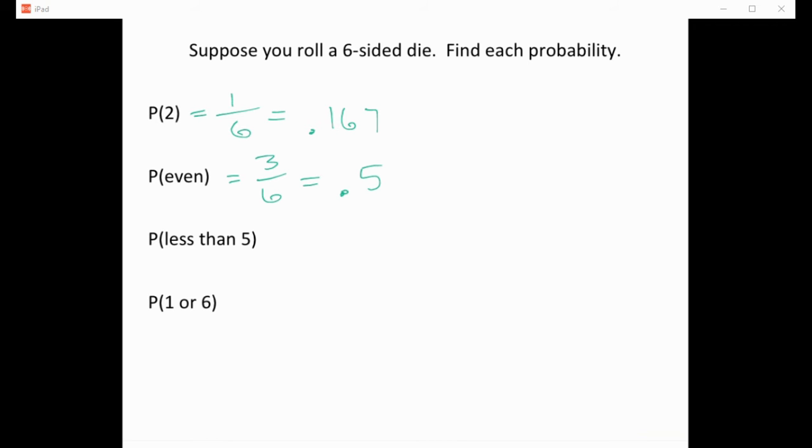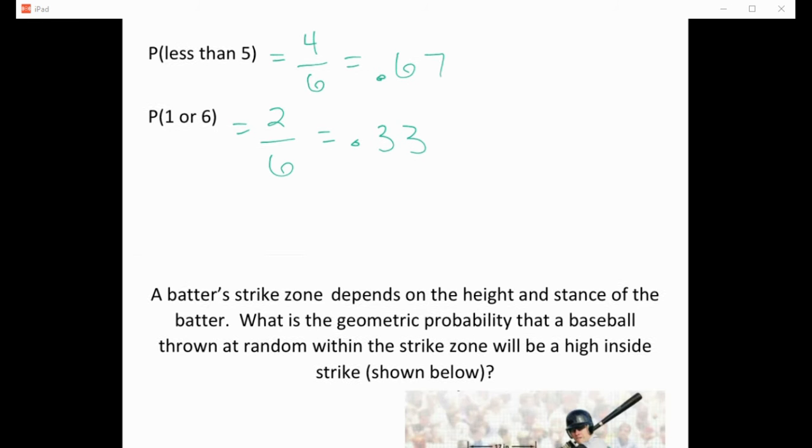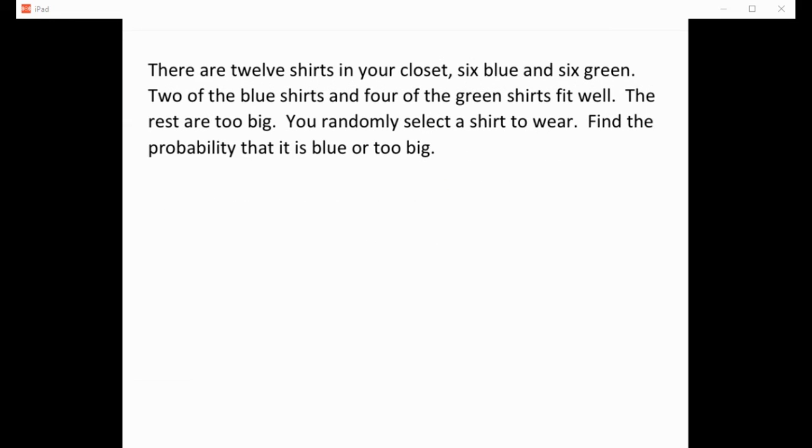The probability of getting less than 5: that'd be 1, 2, 3, or 4, so there's 4 ways that could happen, which is 0.67. And the probability of getting a 1 or a 6 is 2 out of 6, which is 0.33. Pretty straightforward.